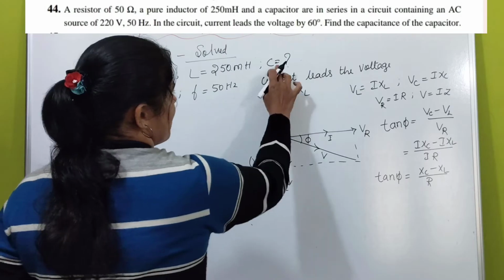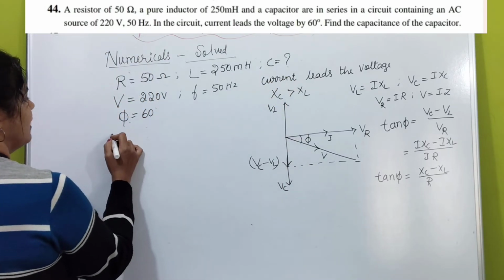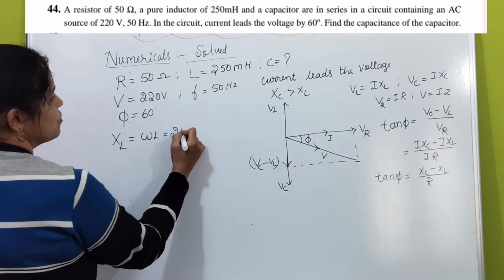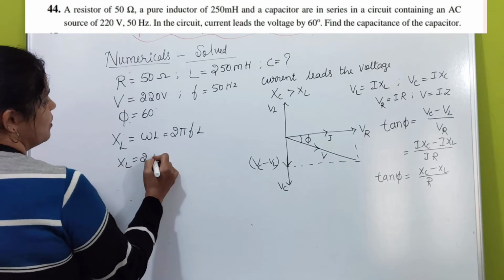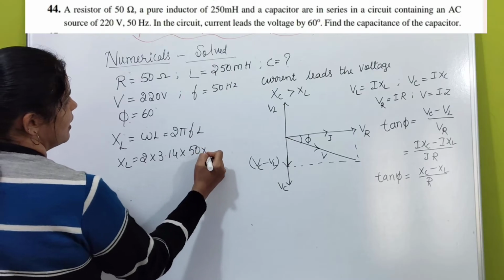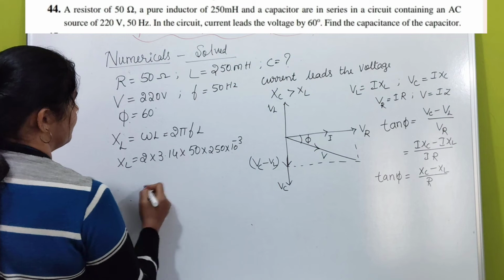Now the question is to find capacitance, right? For that, first let us calculate XL. XL is omega L, that is 2 pi f L. So XL is 2, pi is 3.14, f is 50, L is 250 into 10 to the power minus 3.